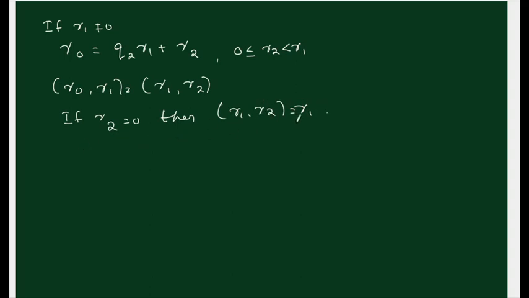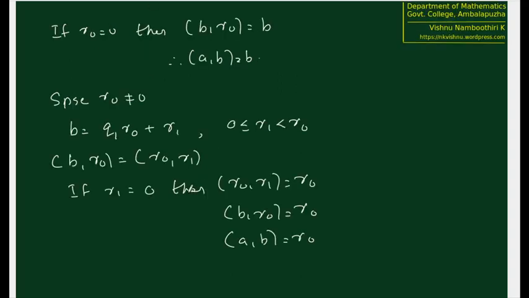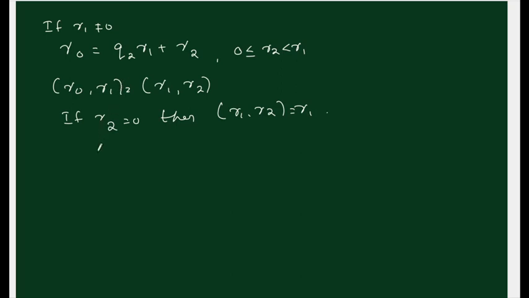And GCD of R0, R1 is also R1, but GCD of R0, R1 is equal to GCD of B, R0, that is therefore R1, therefore GCD of A, B will be equal to R1. So what we are saying is, suppose that the remainder becomes 0 at some step, the GCD is going to be the non-zero remainder in the previous step.